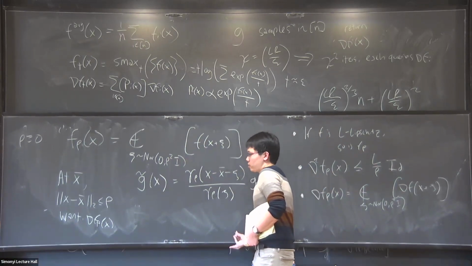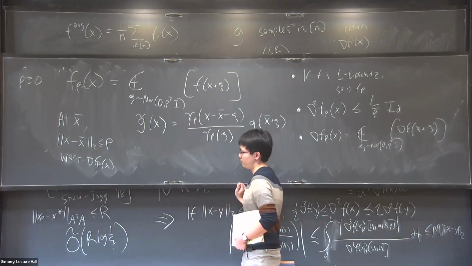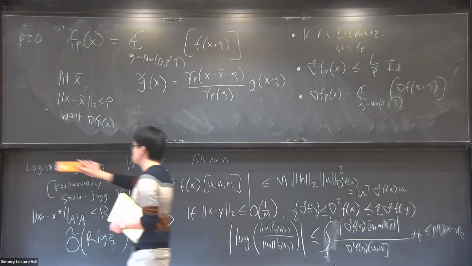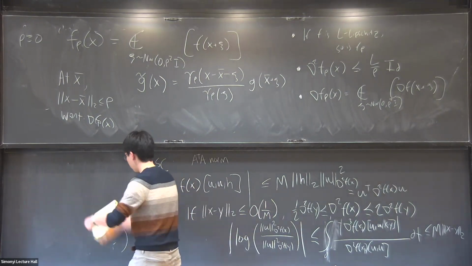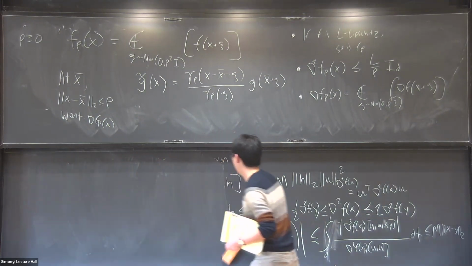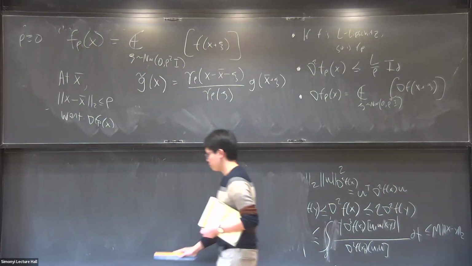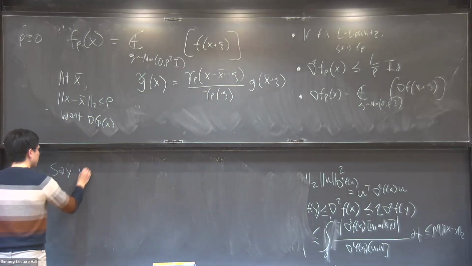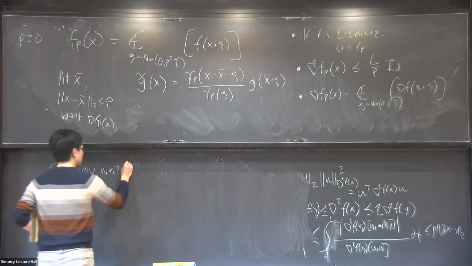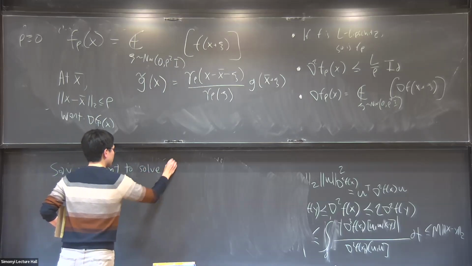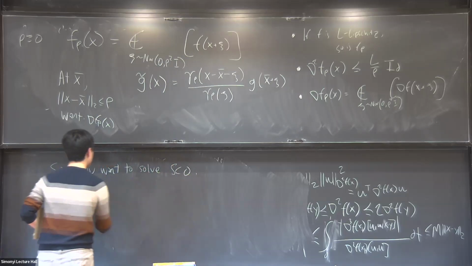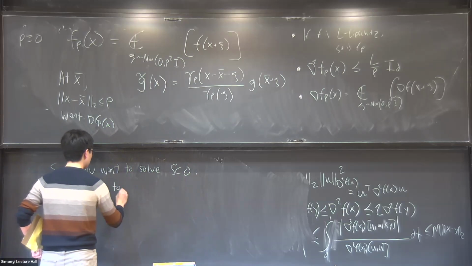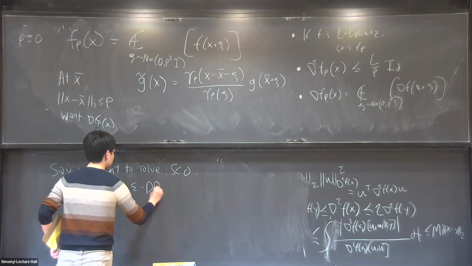So the result is the following. Say you want to solve SCO, so SCO is that problem over here, subject to epsilon differential privacy.